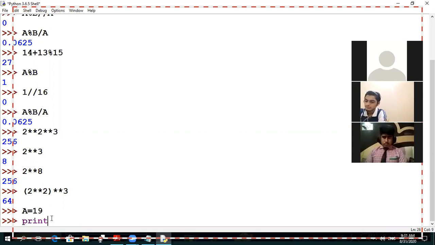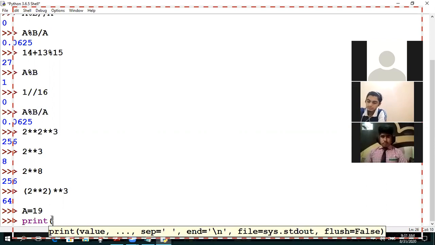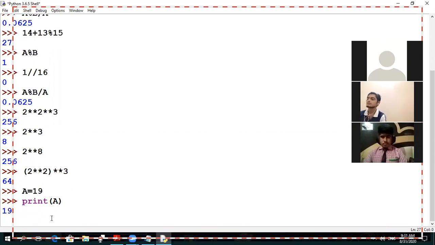Look, print this A, it displays 19. Then suppose that A equals to hello world. Now I am assigning this.